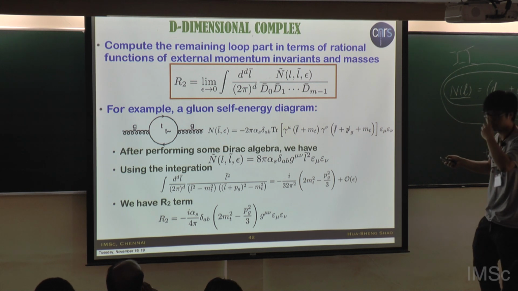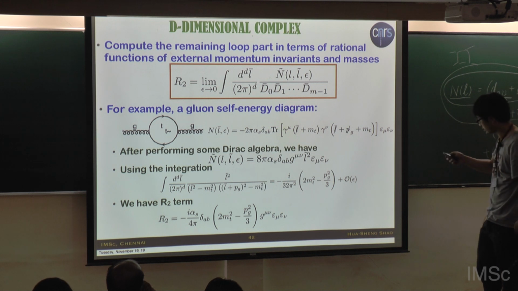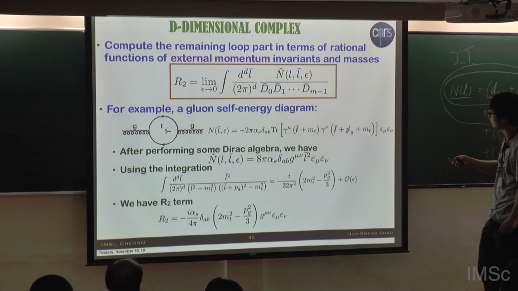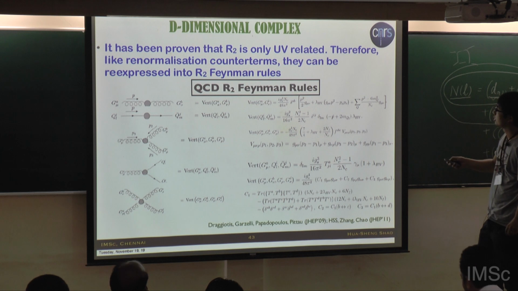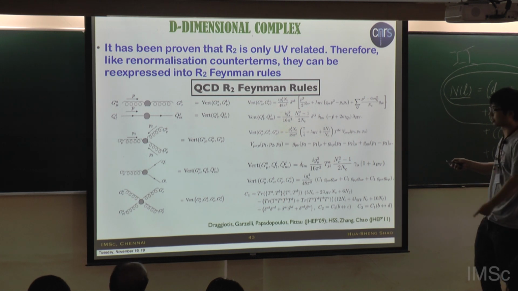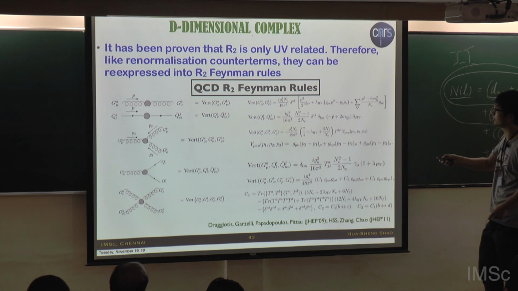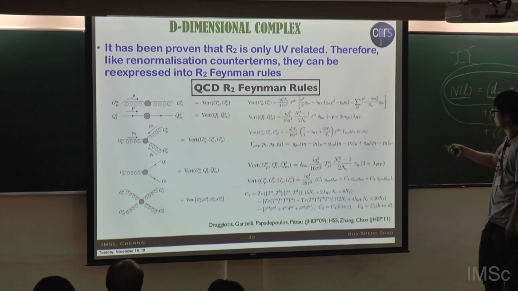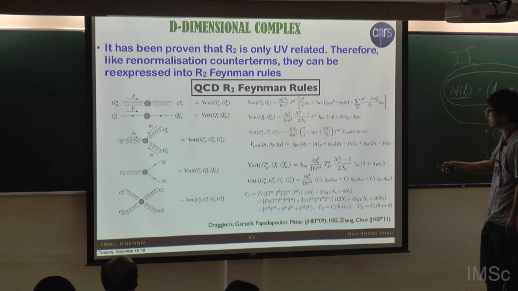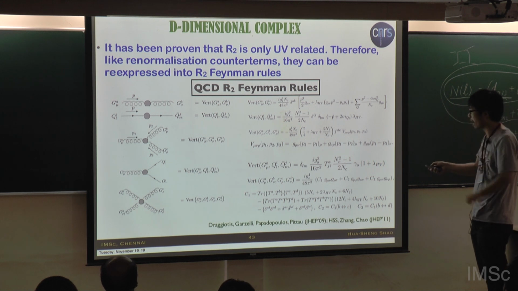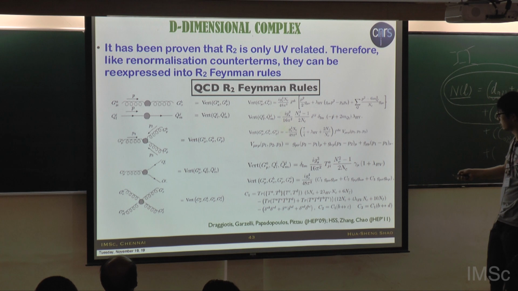This was proved by Dinner and some of his collaborators. So then you can get the Feynman rules, like renormalization counterterm Feynman rules for your QCD counterterms, and the expressions are all rational expressions of the momenta and the external masses.